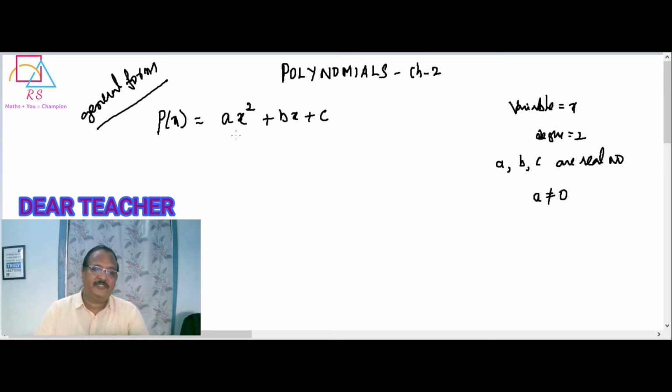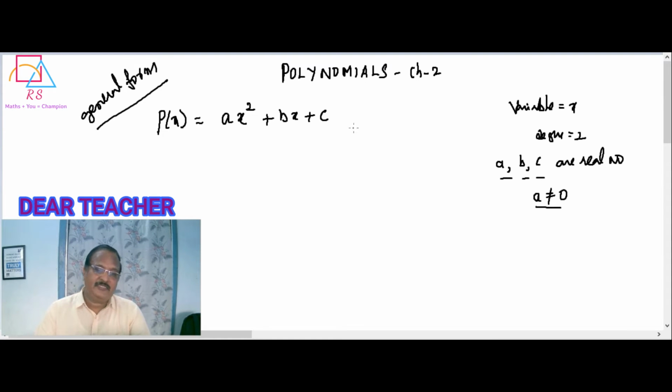If a is equal to 0, then 0 times x square becomes 0, the x square term disappears, and it will not be a quadratic polynomial. That is why a is not equal to 0 if you wish p(x) to be a quadratic polynomial. Other than 0, a, b, c can be any real number, even a root number.